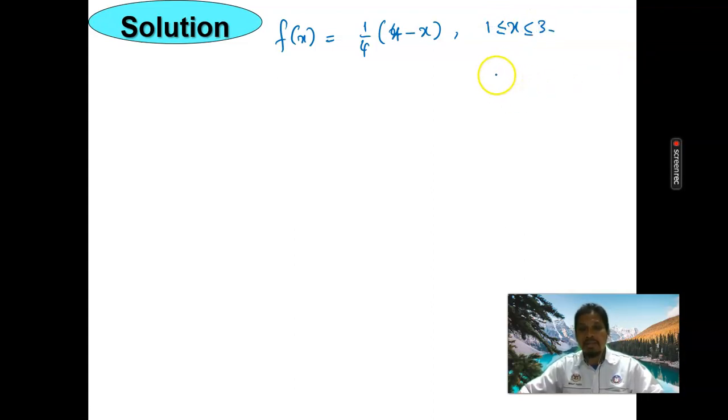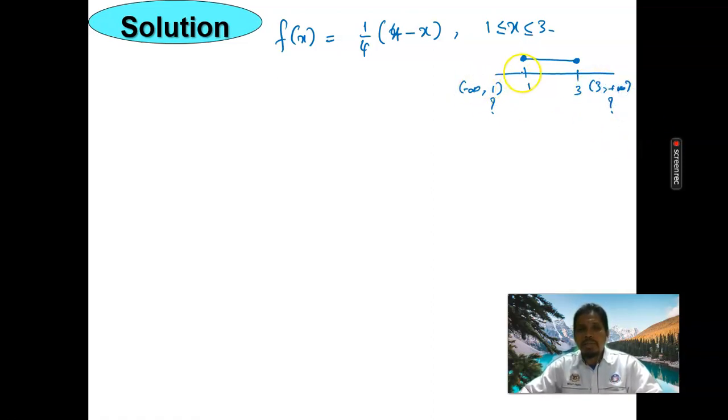Just imagine that we sketch a number line from 1 until 3, so this is the domain of this function. But do we have a domain from negative infinity until 1, and 3 to positive infinity?